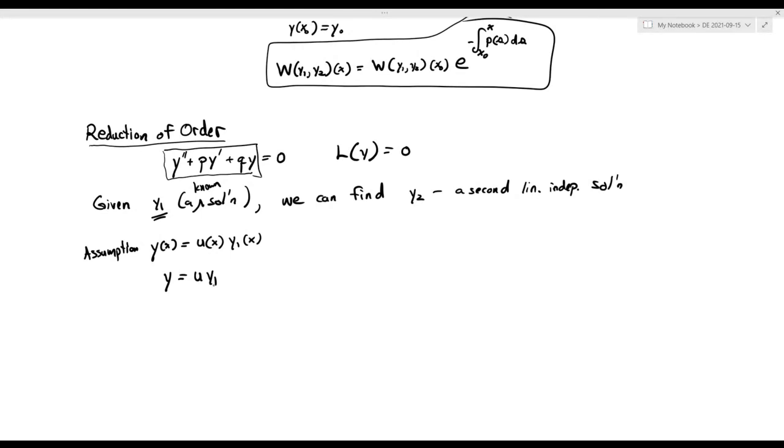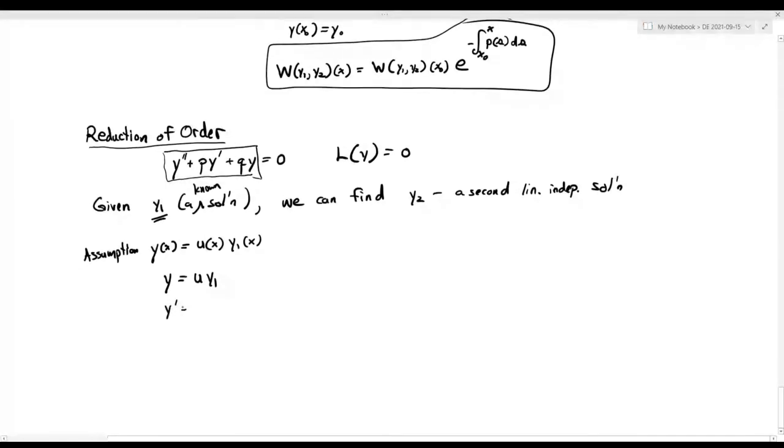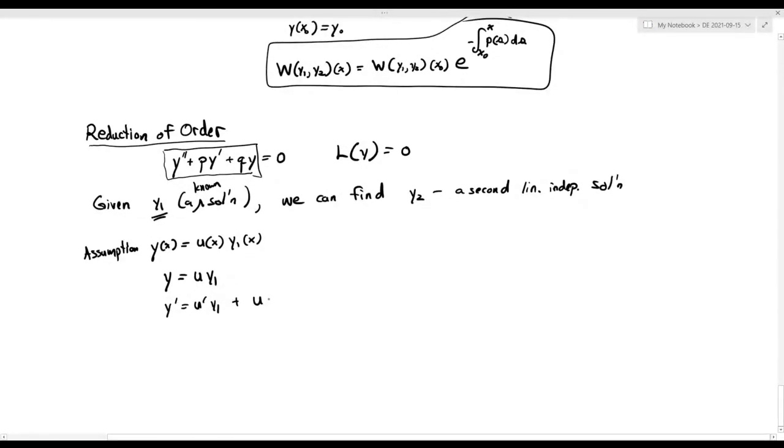To see how to find u, we make an assumption, then differentiate and plug it into the original equation to see what has to be true about u. So let's differentiate once, using the product rule, and differentiate another time, with a product rule in the first term and then a product rule in the second term.